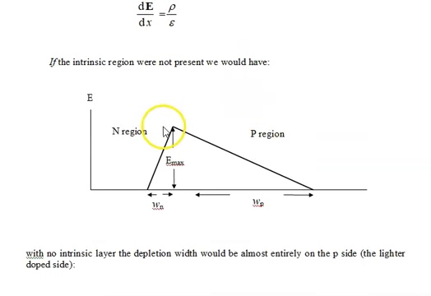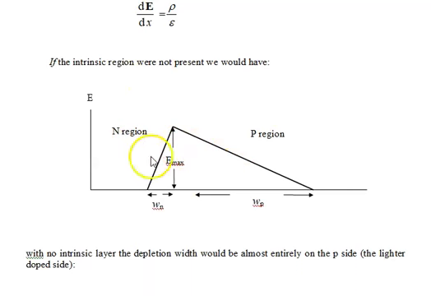So if you look at what happens without the intrinsic, this is if the intrinsic region were not present, we would have a standard PN junction or NP junction. Remember before that we had the P on the left side and the N on the right side. It was the mirror image. It was just this thing flipped over on its side of the electric field. The N is on the left, so the electric field is positive, and the slopes are indicated here.